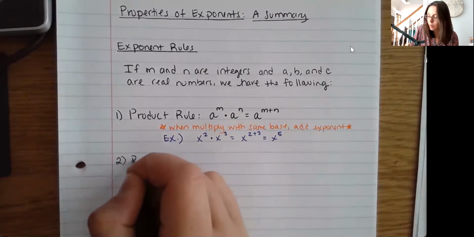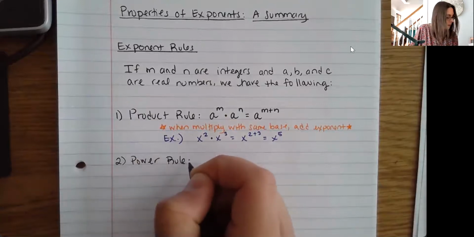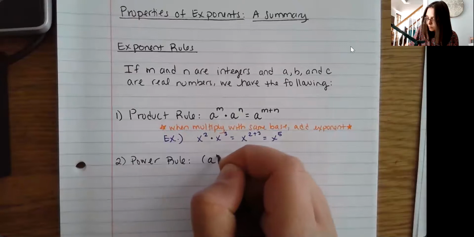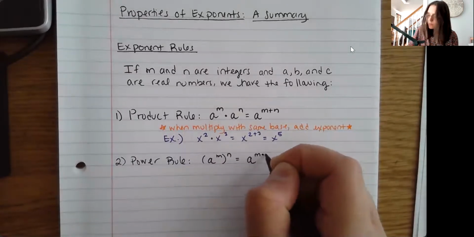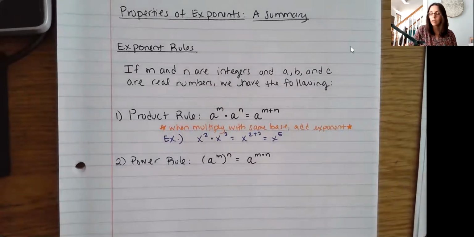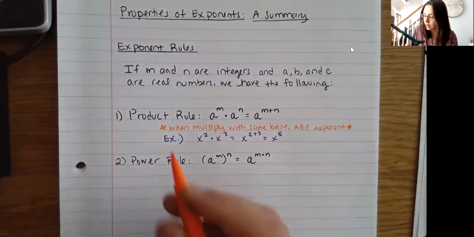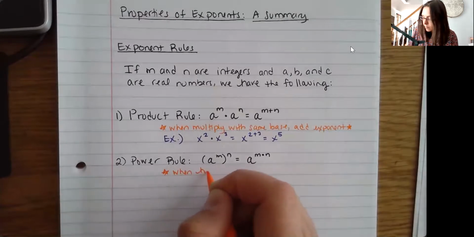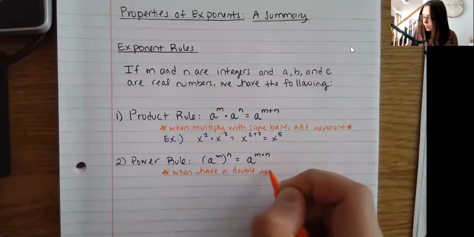We also looked at the power rule. This one is a little bit different. Notice that we have a double exponent with only one base, so you're going to multiply your exponents. It doesn't really have an official name, so I'm just going to call it a double exponent.